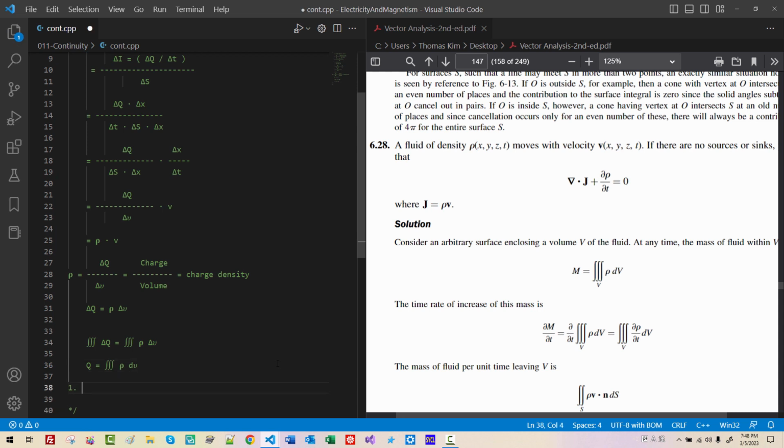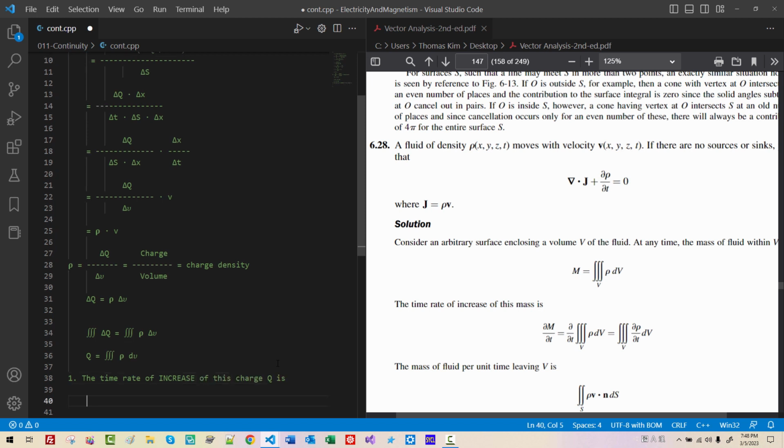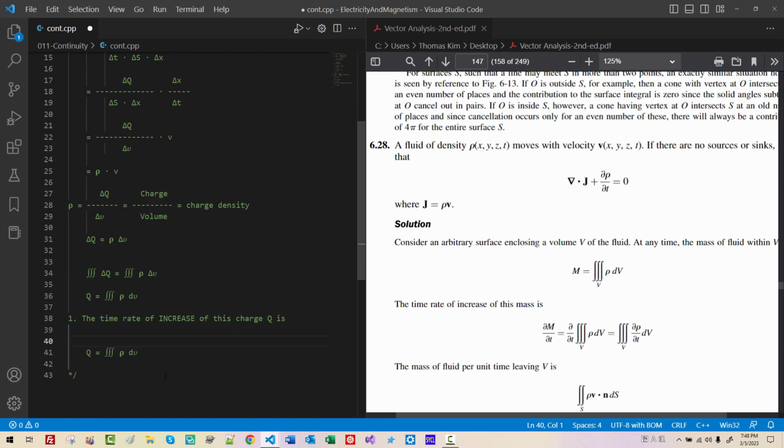Now, 1. The time rate of increase of this charge Q: we have to take the derivative of this equation.